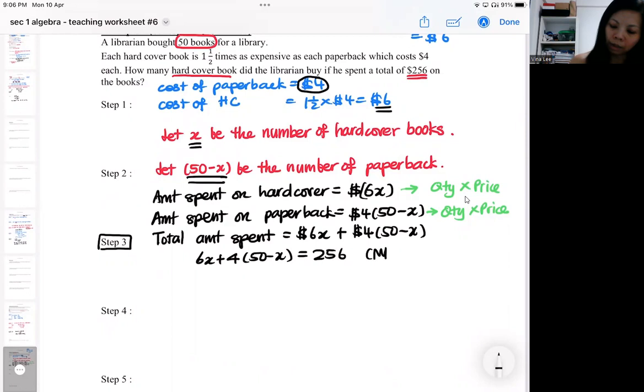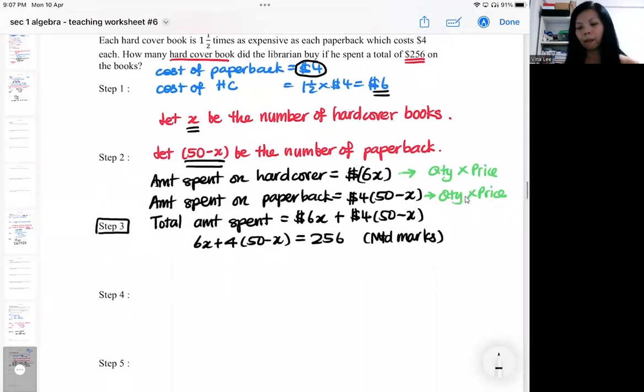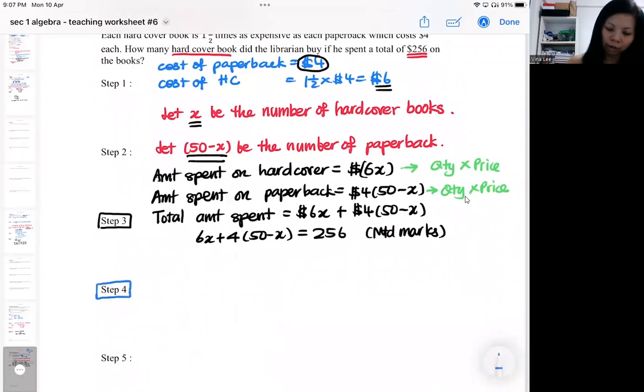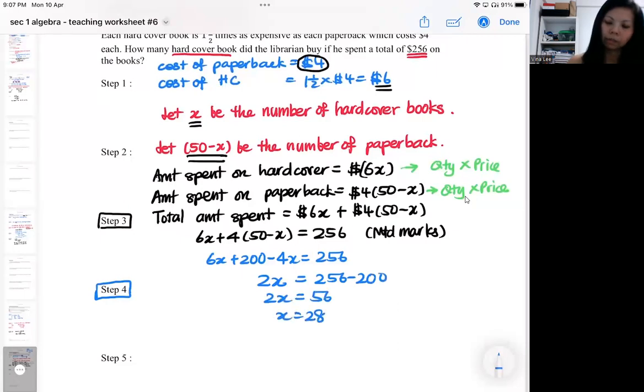So this is your method mark. That means you will get method marks if you write this up. And if you have no carelessness in your solving, you will be able to find your x. So do the solving. By now your solving should be quite fast. So you get 28.